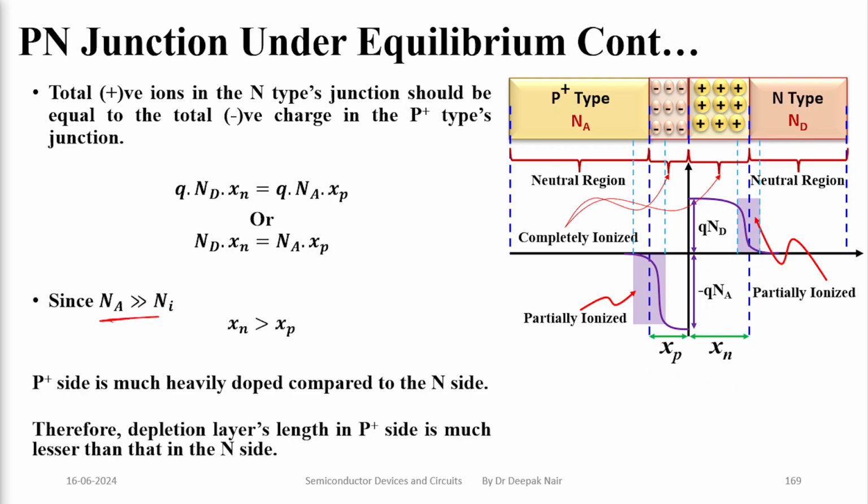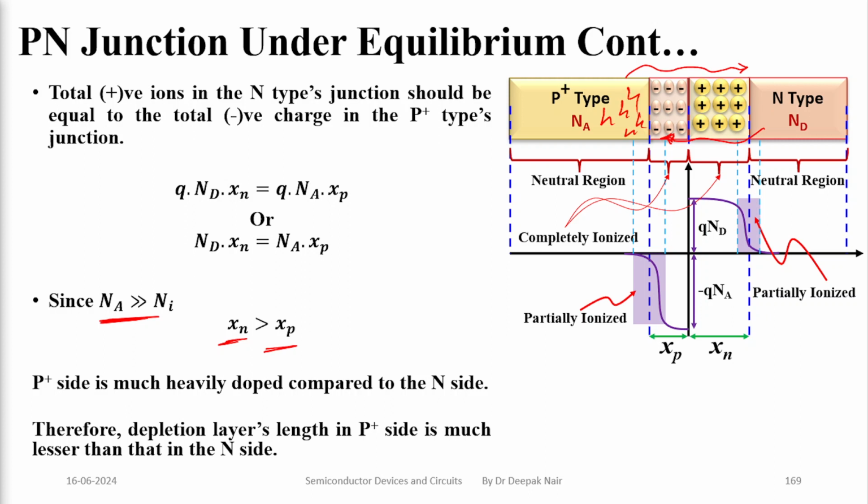So since Na is much greater than Ni, Xn is greater than Xp, because like I said, the holes will have to travel a much larger distance in the n-type region to find electrons to pair up, whereas the electrons coming from the n-type region will have to travel much less, because p-type is very highly dense.